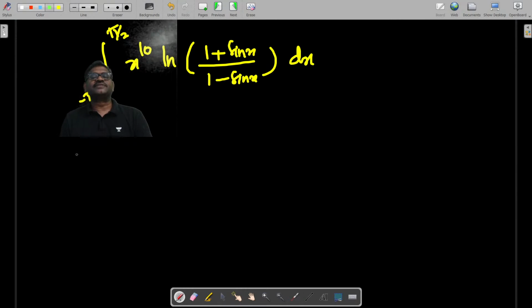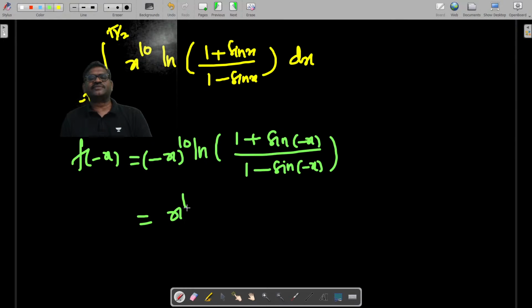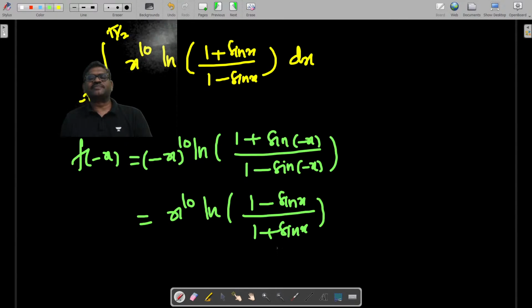In this case, f of minus x is minus x whole power 10, log of (1 plus sin of minus x) by (1 minus sin of minus x). x power 10 log, sin of minus theta is minus sin theta, so 1 minus sin of minus x is 1 plus sin x.